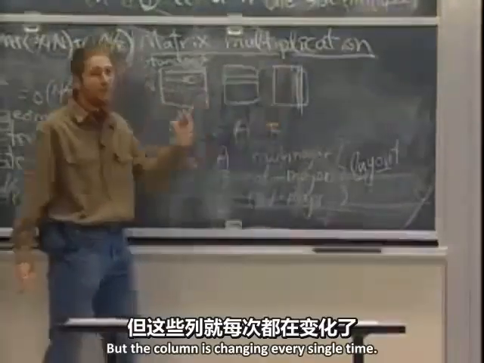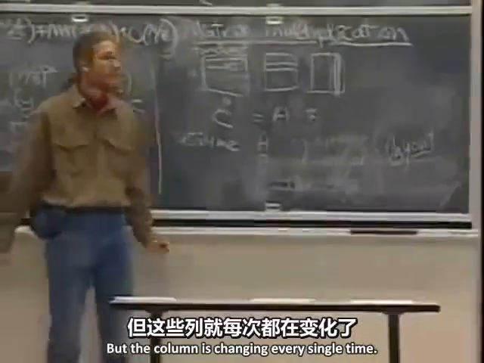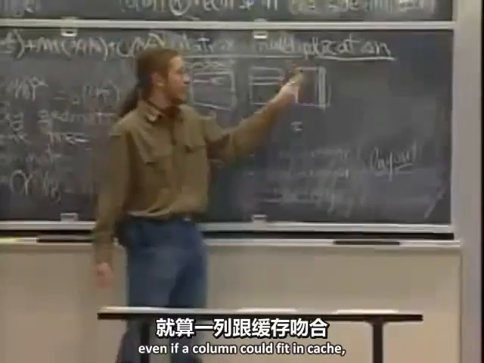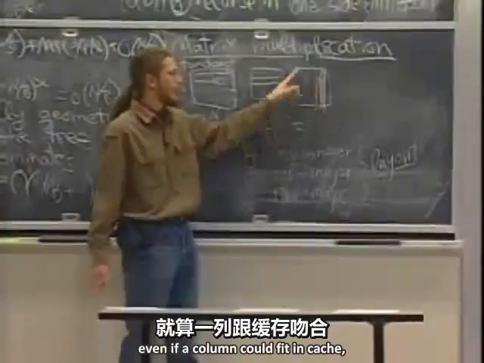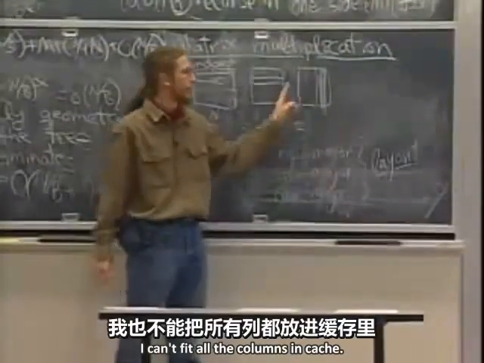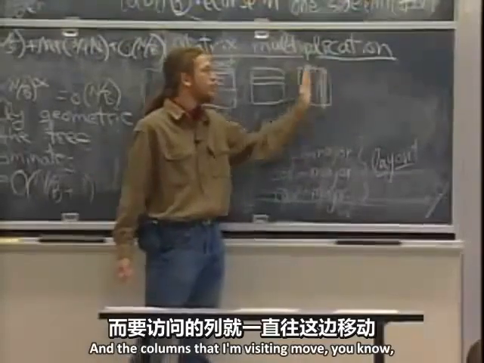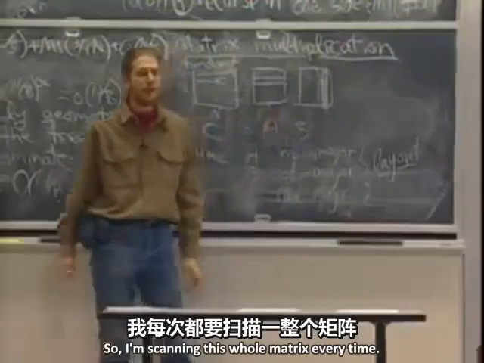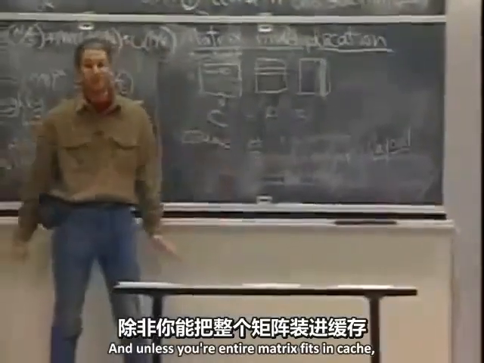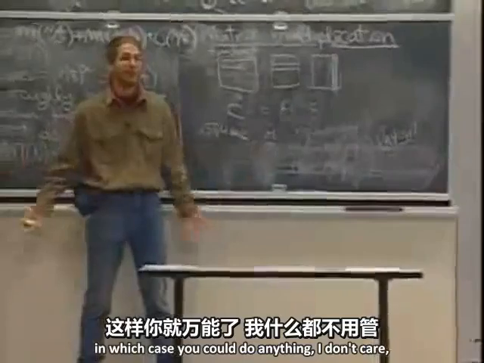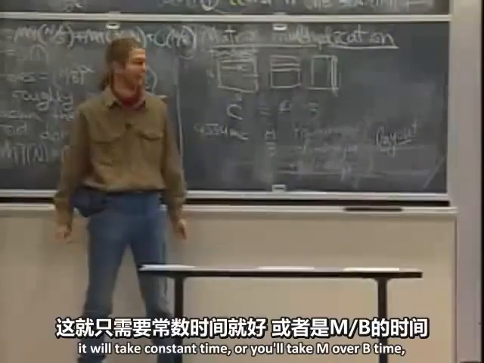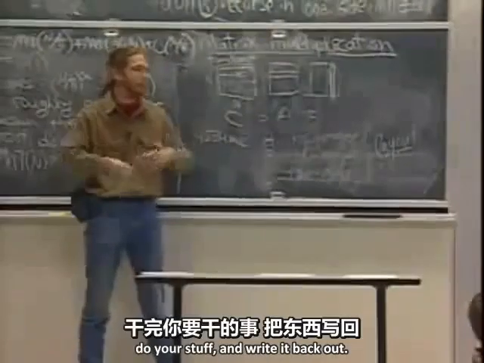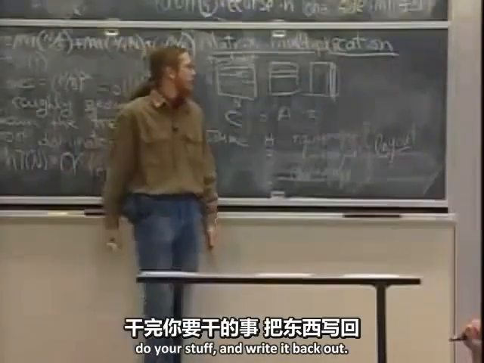But the column is changing every single time. So each time I move here and compute the next Cij, even if a column could fit in cache, I can't fit all of the columns in cache. And the columns that I'm visiting just scan across. I'm scanning this whole matrix every time. Now, unless your entire matrix fits in cache, in which case you could do anything, it'll take M over B time, enough to read it into the cache, do your stuff, and write it back out.